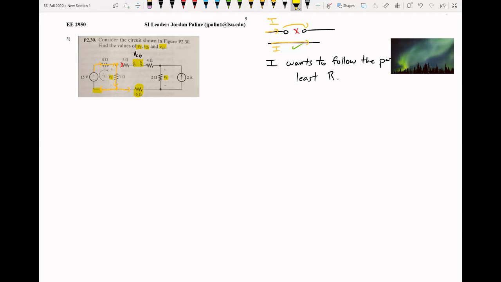So the current is going to say, I'm not going to go down this way because there's resistance, where I can just go down the other side and not have to fight it at all. So that current will come through here, loop back around, and make one complete loop. So this is current I1.